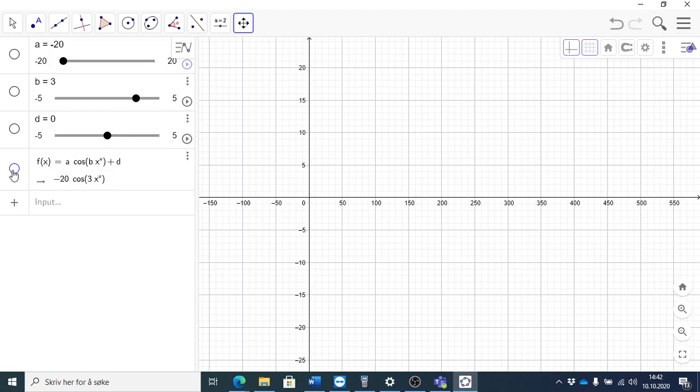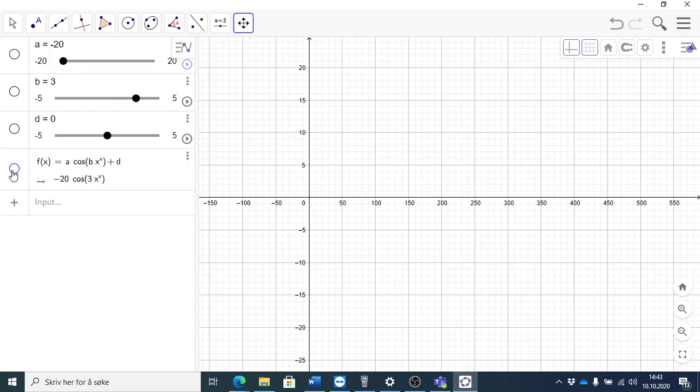Let's look at one example of how we can predict the behavior of the graph of a sinusoid function. So here we have a cosine function with the parameters a, b, and d, and I've set these parameters to -20 for a, 3 for b, and 0 for d.